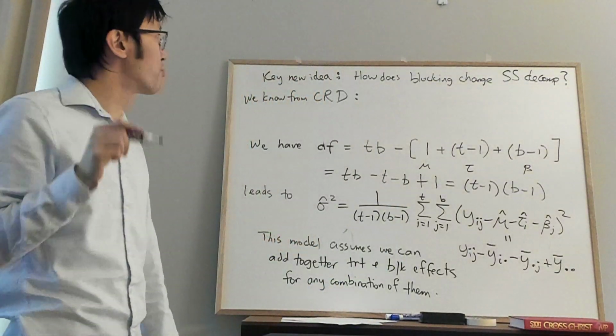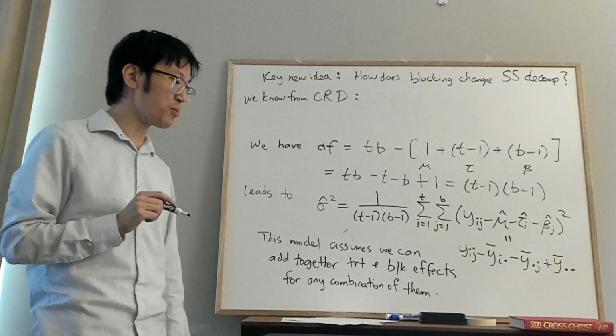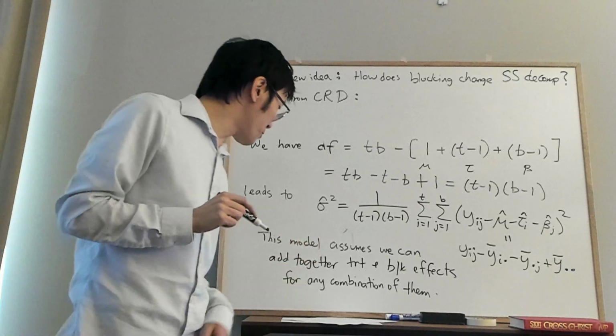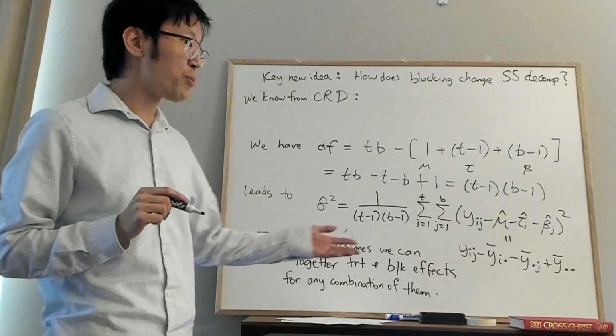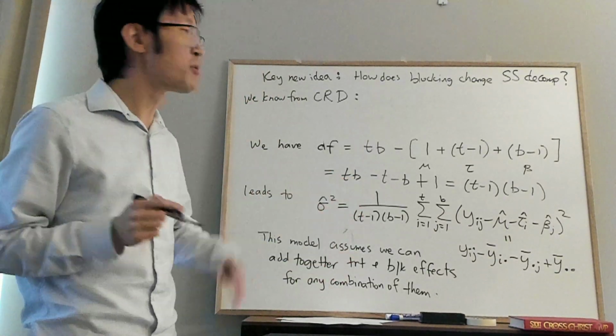Okay, so I'm going to rewrite the sum of squares decomposition that we had there and apply it to this case. When we did the sum of squares decomposition, we had R replicates. Now instead of R replicates, I have B blocks instead.